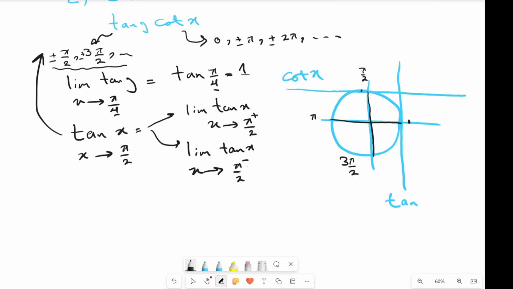From this part, you never intersect the tangent line, but you must go through and intersect in this part, which is minus infinity.